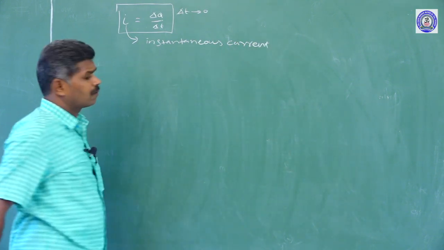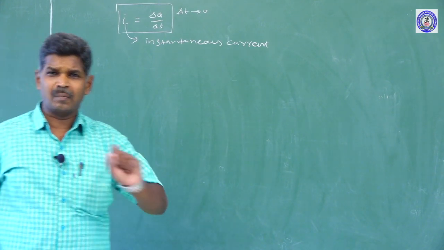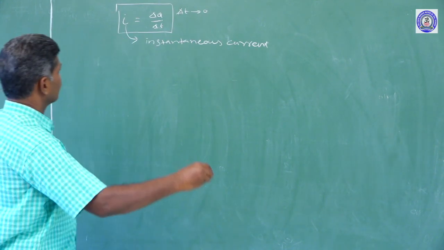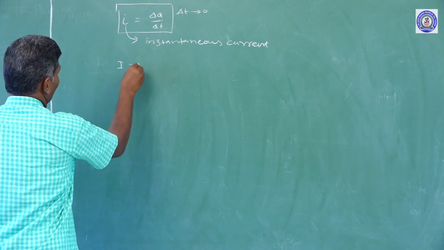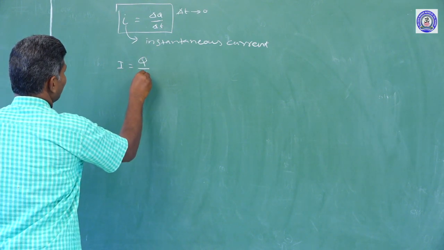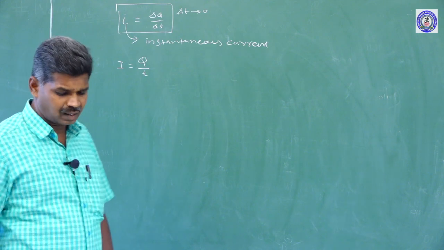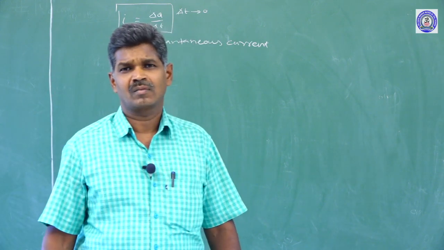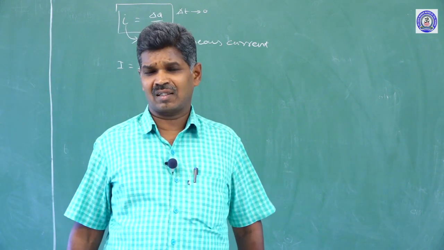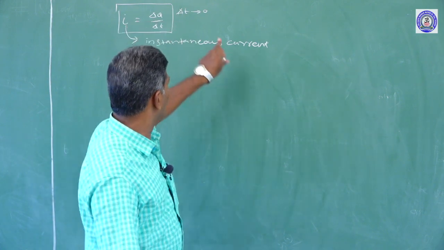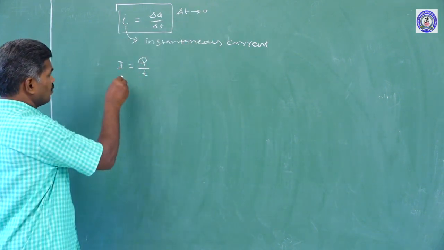So, a DC battery can produce a steady current, which can be taken as I equals q by t. An AC line or variable battery can produce a varying current. There we measure only the instantaneous current.